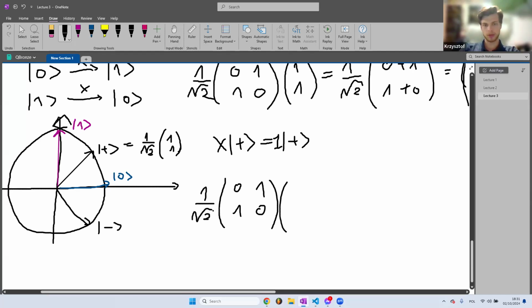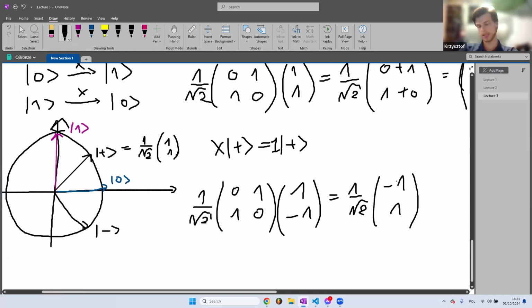Now, in case of the minus state, we have 1 and minus 1. After the multiplication, we get 0 times 1, which is 0, plus 1 times minus 1, which is minus 1; and 1 times 1, which is 1, plus 0 times minus 1, which is 0.